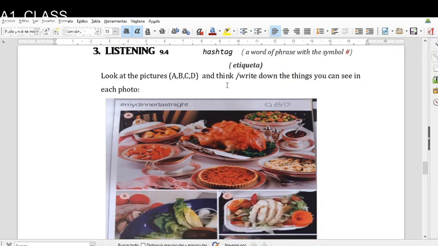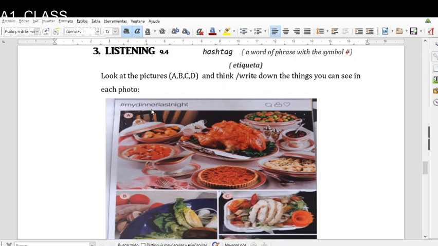What is a hashtag? Look, this is a hashtag. Here you have a hash. Hash. Almohadilla en inglés es hash. And hashtag is when you upload on a website or Twitter, whatever, etiquetar.